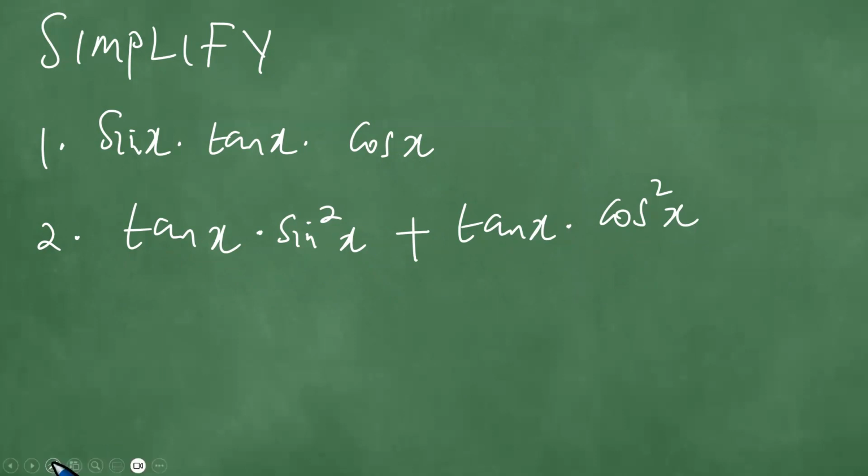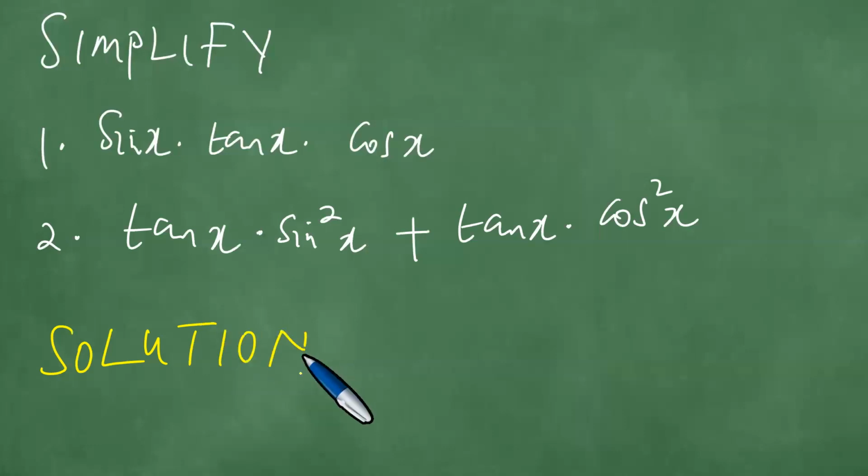Let's look at the solutions to this. If we have, for example, sine x times tan x times cosine x, how do we simplify these?